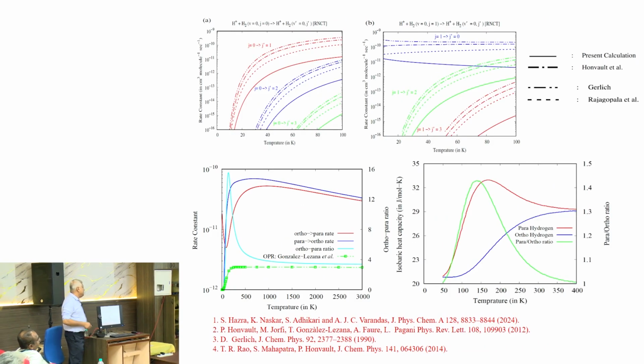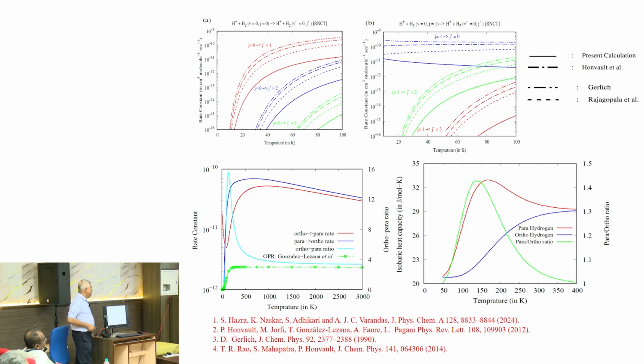Now, the interesting rate constant. If we look at the ortho-para ratio, experimentally it reaches 3, and we get a peak at 140 Kelvin. And this is the heat capacity of ortho-para hydrogen. It also gives a peak at 140. Why did these two come?